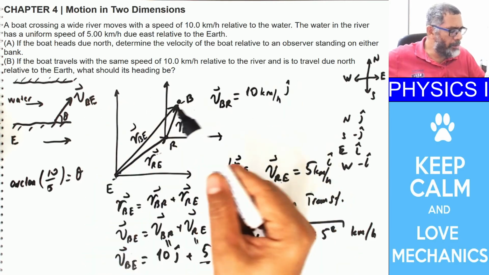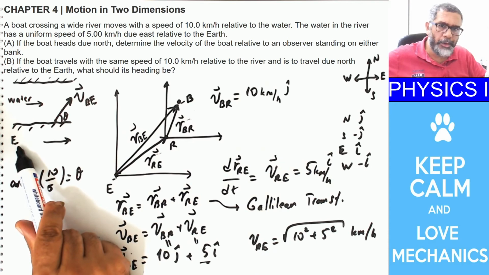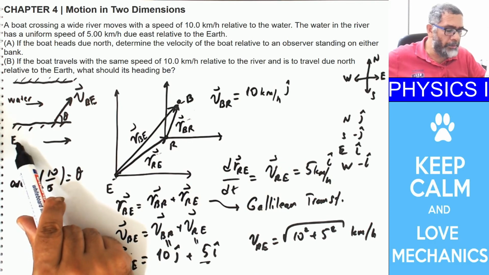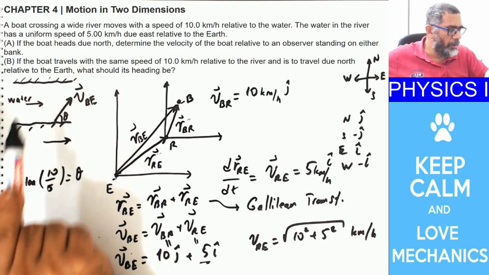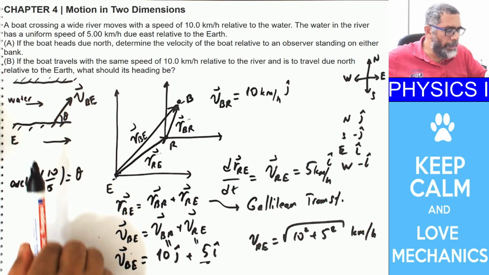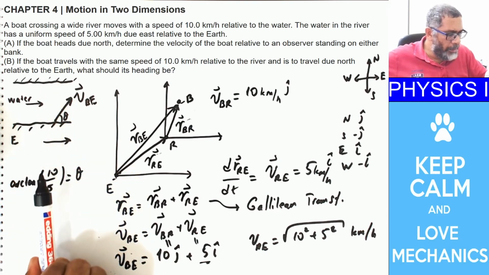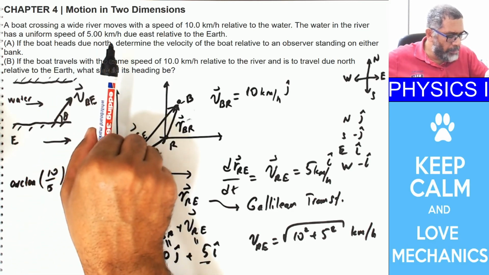Okay. This time, its velocity vector direction relative to Earth is given as north. It is not dragging. The boat is not dragged by the water, like the head is due north, but it's moving like this.